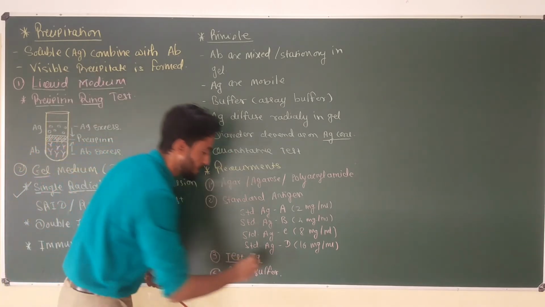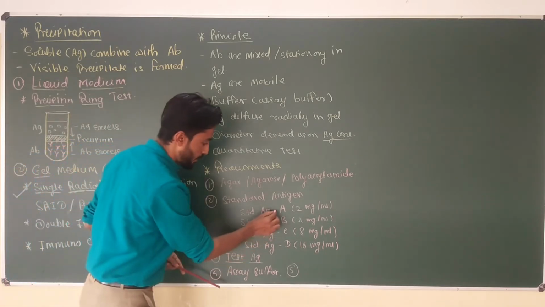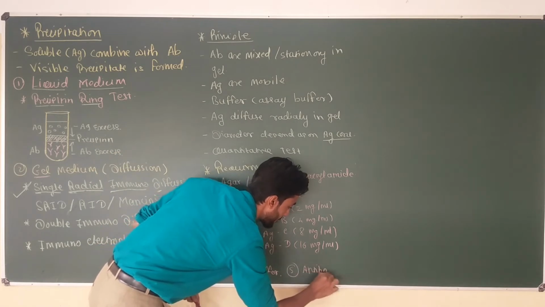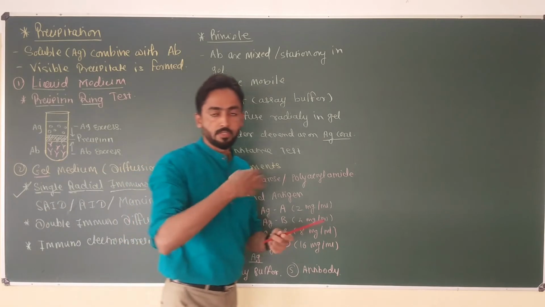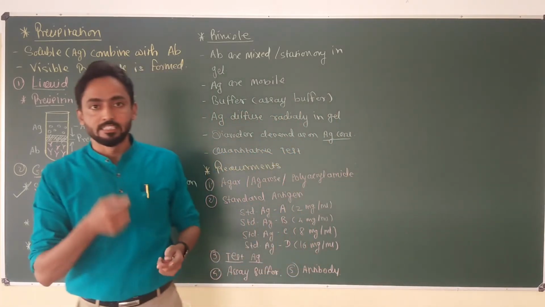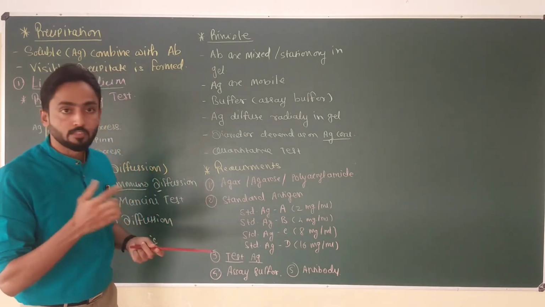The next thing that we need is antibodies. We need antibodies specific for these antigens. So all these are the important things that you need before performing the practical. Other things include a Petri plate, a gel puncture for making wells in the gel, and all other glassware.